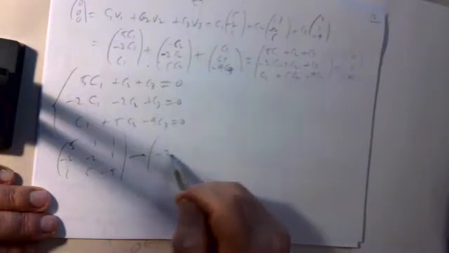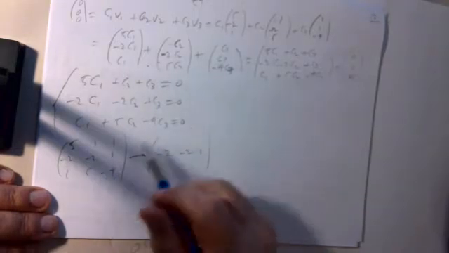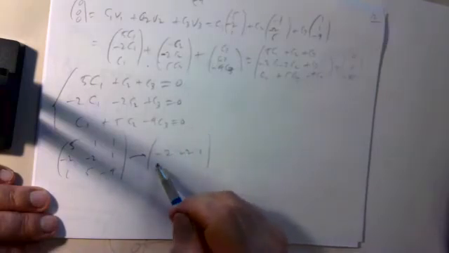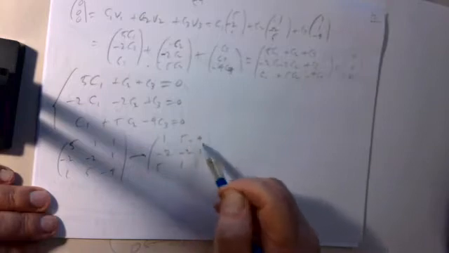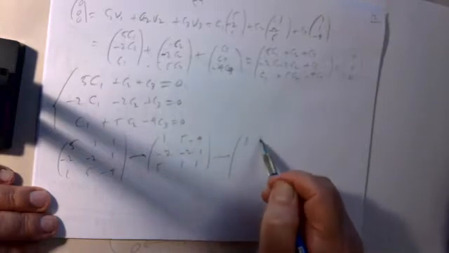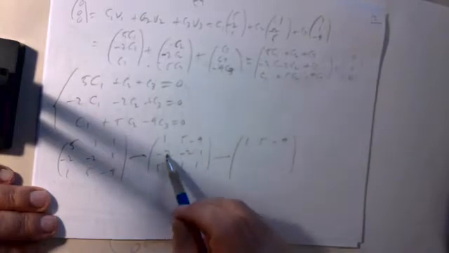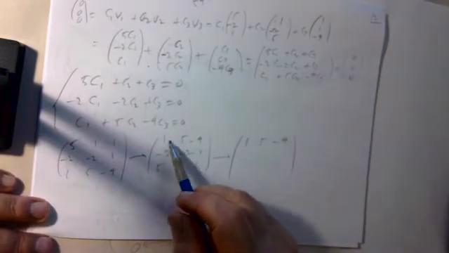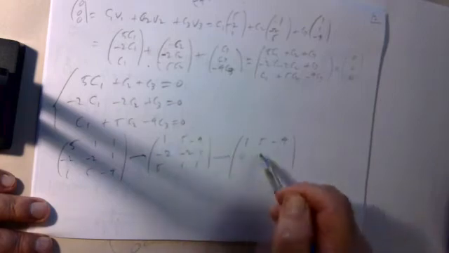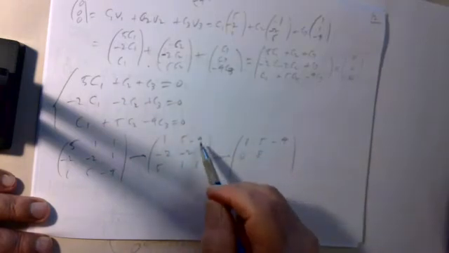Let's say I interchange the first row and the third row. So I get 5, 1, 1, and 1, 5, minus 4. If I want to get a 0 here, I add 2 times the first row to the second row. 2 minus 2 is 0. 10 minus 2 is 8.